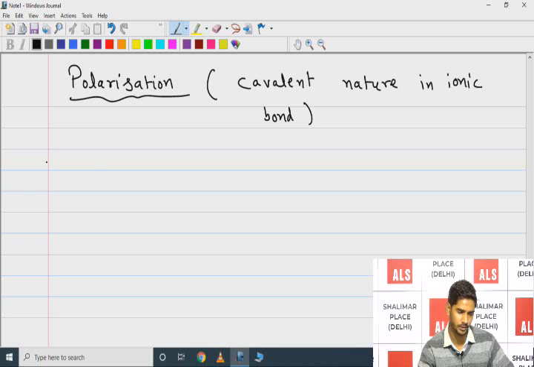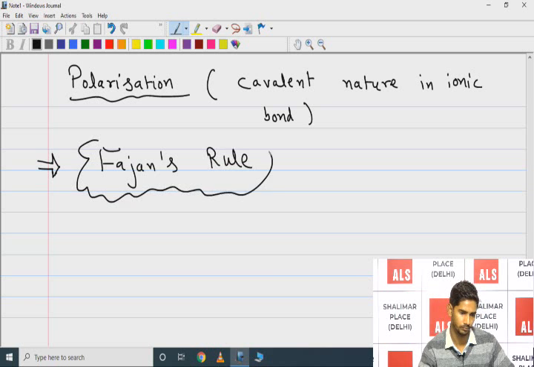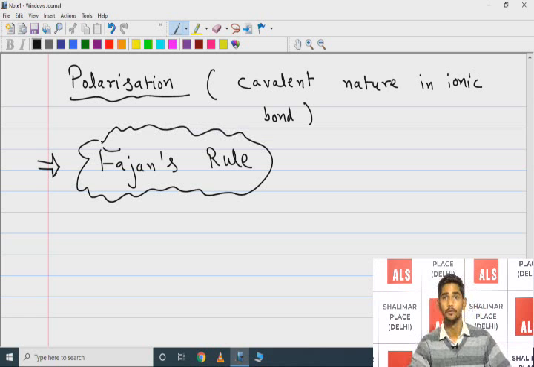This is your Fajan's rule. Fajan's rule we have to discuss, guys. Till now we were discussing the ionic nature in the covalent bond. Now the reverse would be there, that is covalent nature in the ionic bond.